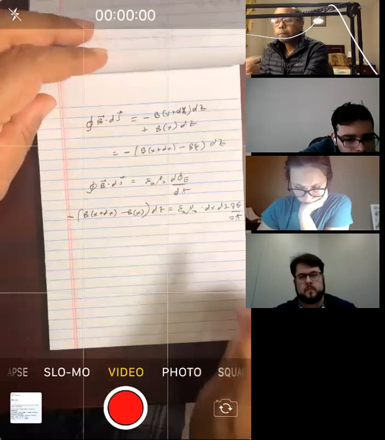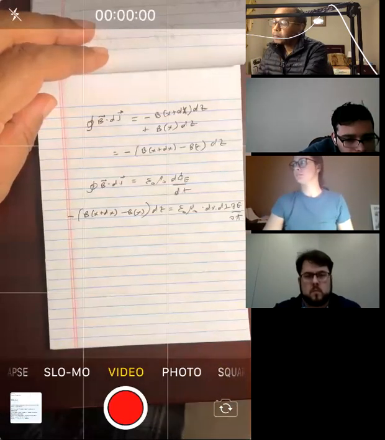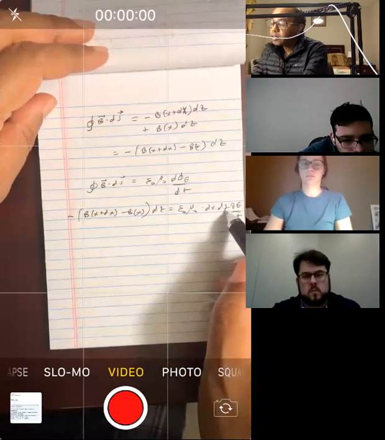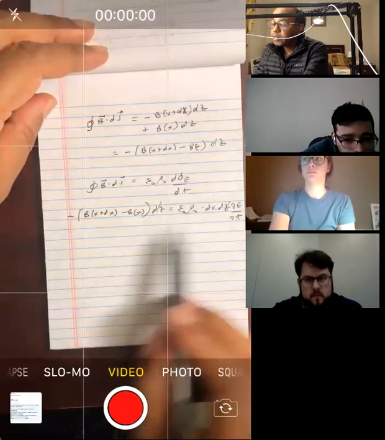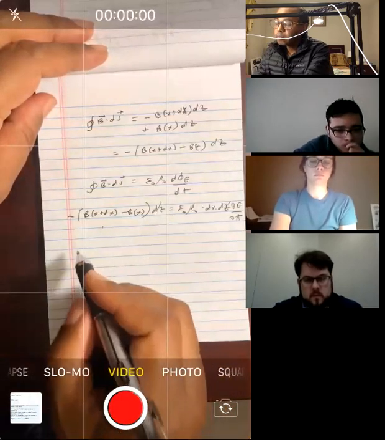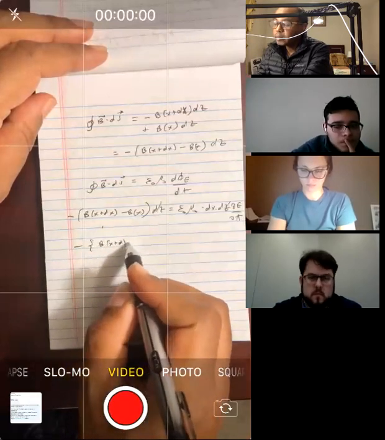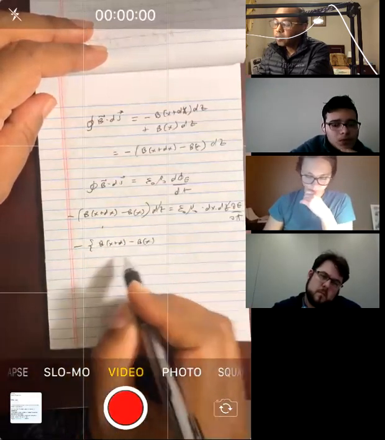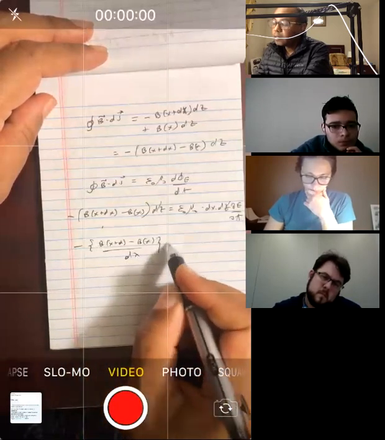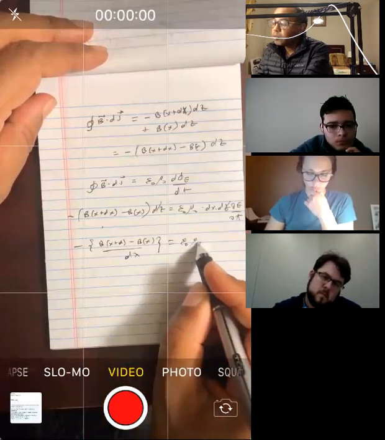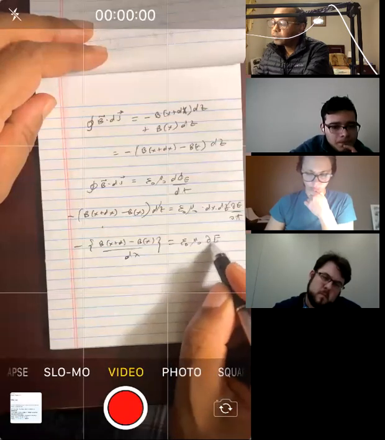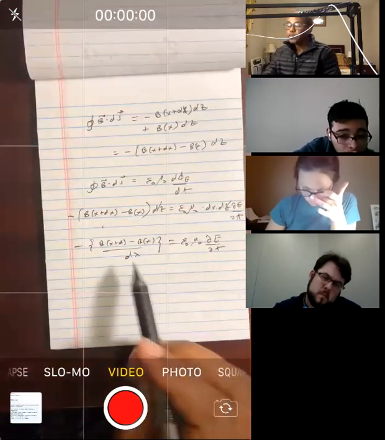Do you see that? Okay, so you see, dz cancels out, and we're going to put the dx over here. So you have the following: negative of B at x plus dx minus B of x over dx equals epsilon mu naught, the partial electric field with respect to time. Once again, what does this equal to?